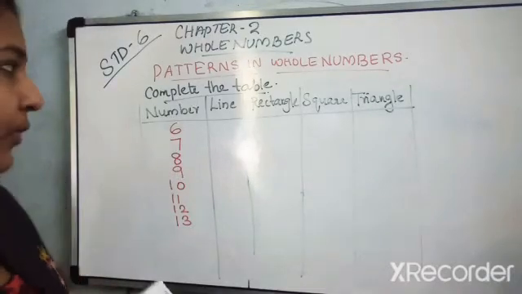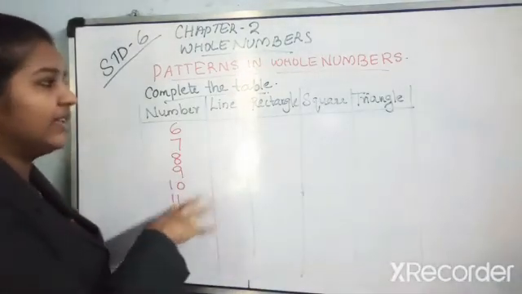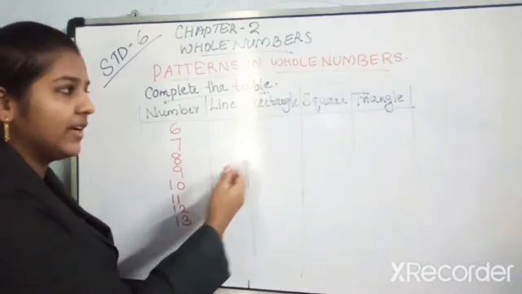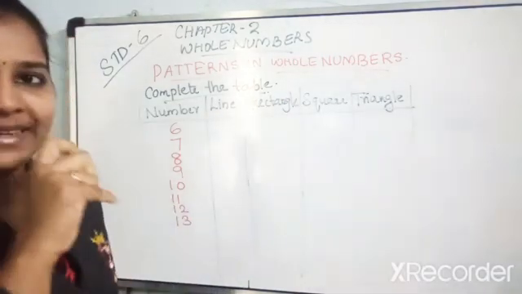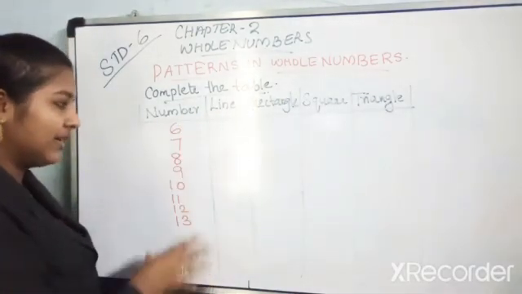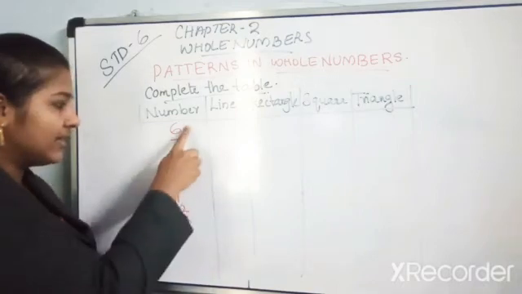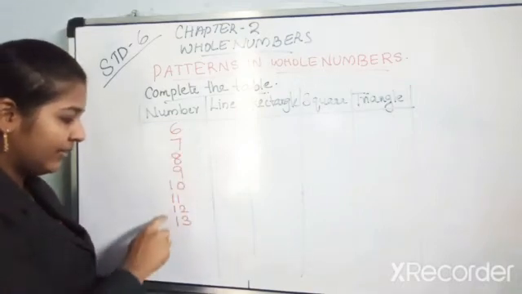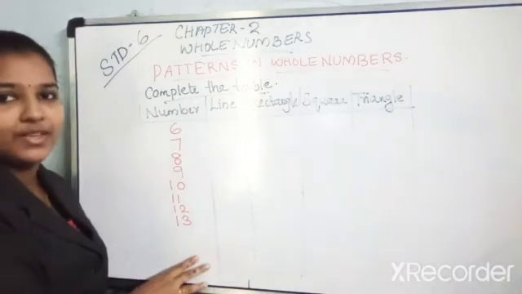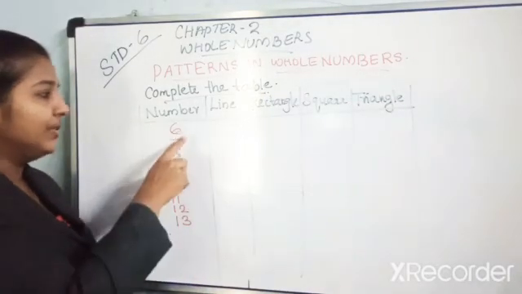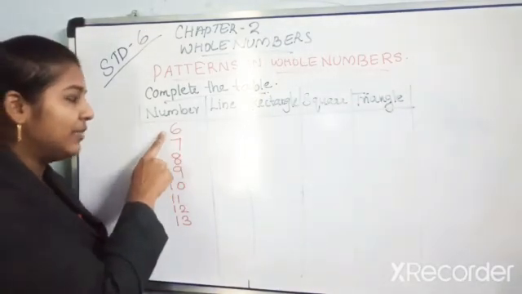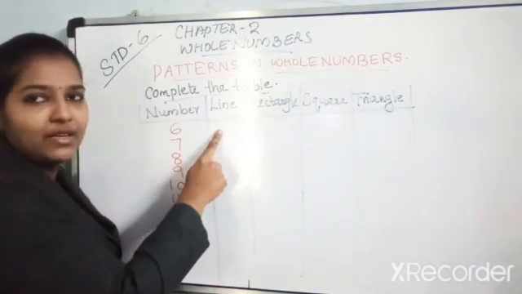Children, now we are going to check the numbers which we can arrange in line, rectangle, square or triangle. So the numbers given on one side are 6, 7, 8, 9, 10, 11, 12, 13. Okay, this is from your textbook textual exercise. So first you check whether the number 6 can be arranged as a line or not.